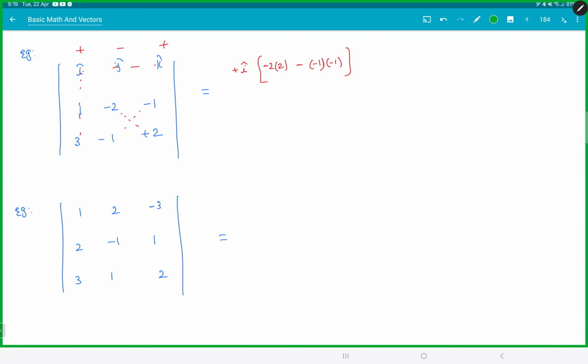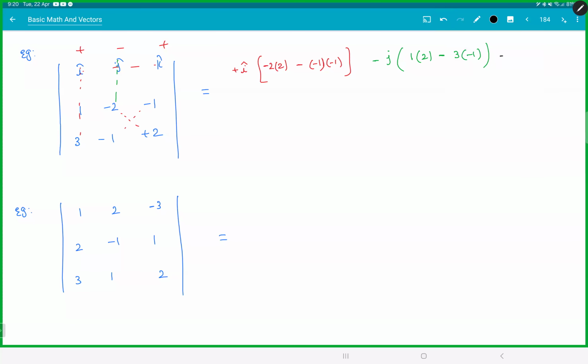For the second one, when I take this guy, I will cancel this and this. So that will be minus j. And then remember, I need to take these two and these two. That will be 1 into 2 minus 3 into minus 1.